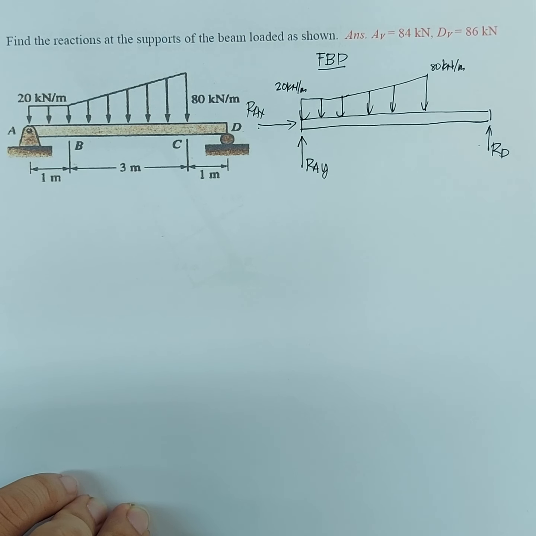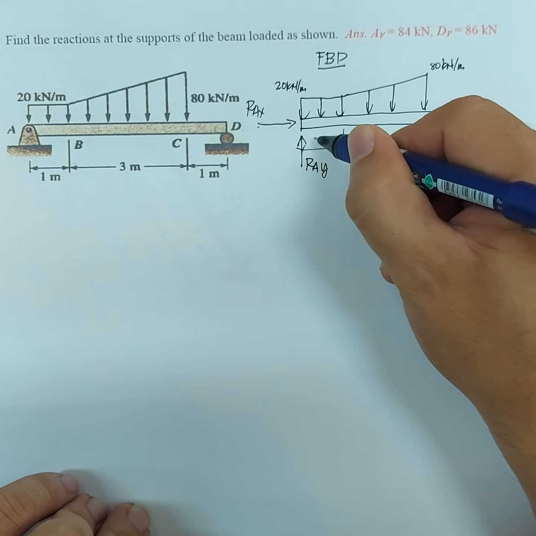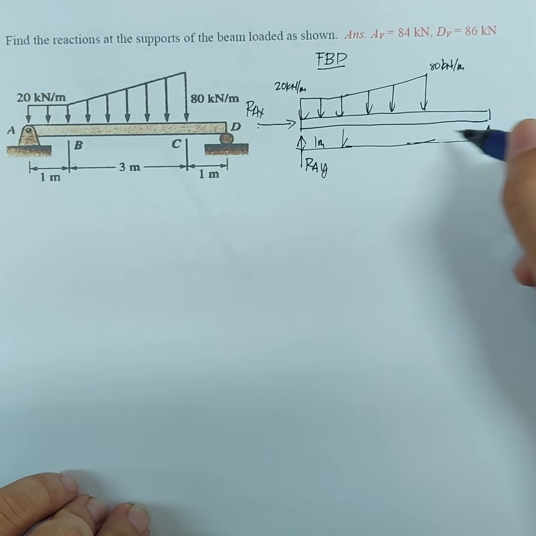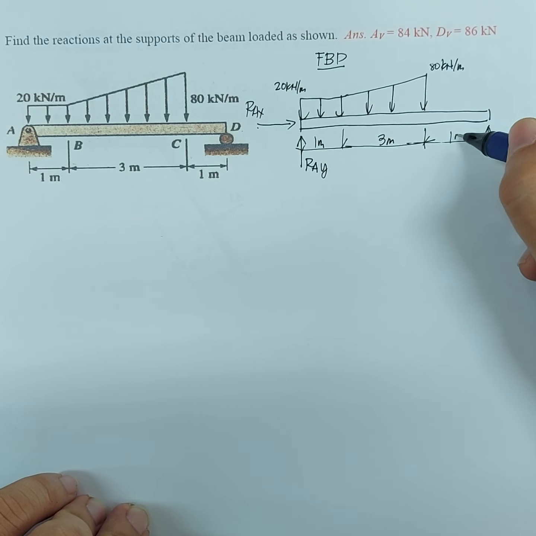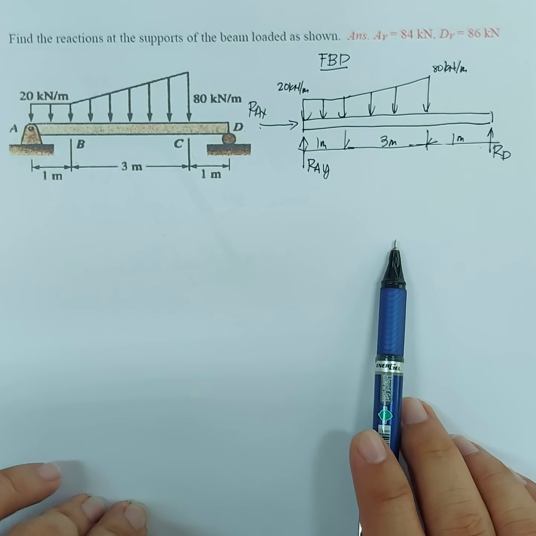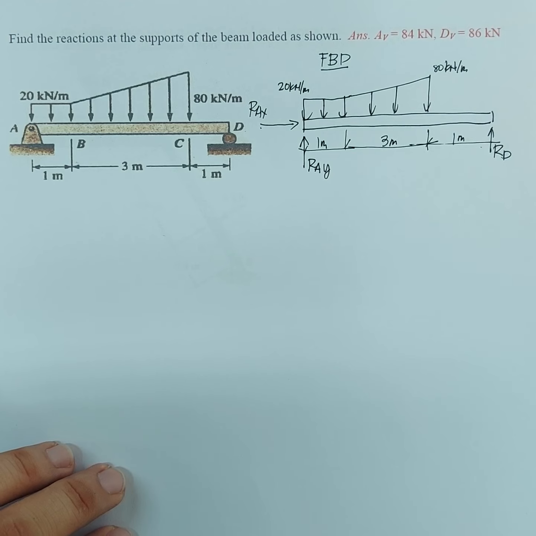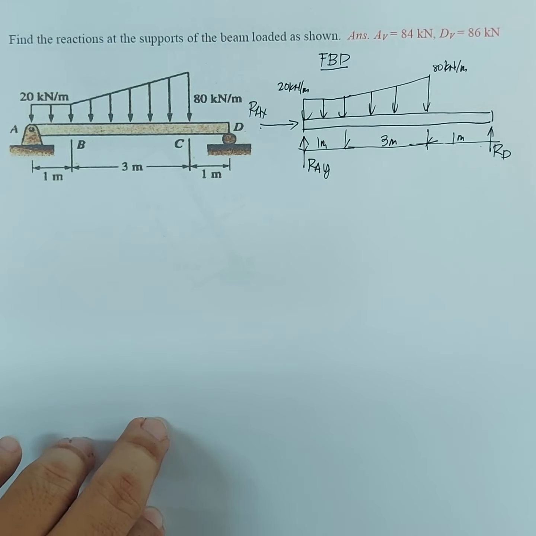Okay. This is 1 meter. So this would be our FBD. We are solving for the reactions. So again, we have three equations or conditions of equilibrium.